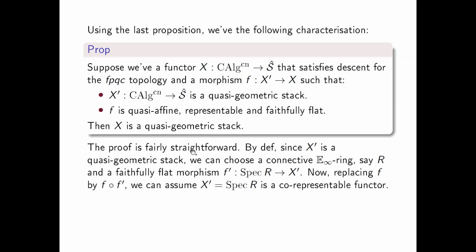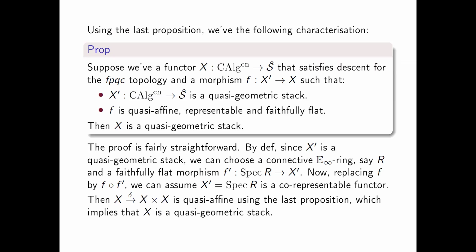So you can assume that X' is spec R, a corepresentable functor, and then the diagonal map for X is quasi-affine. So it's just using the last proposition that we have, which implies that it is a quasi-geometric stack. It is a pretty straightforward application of the converse statement that we saw.